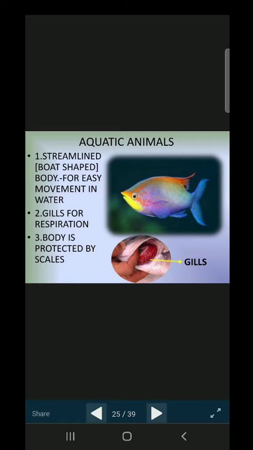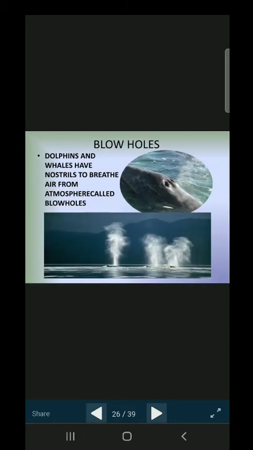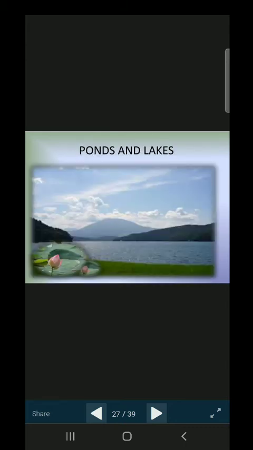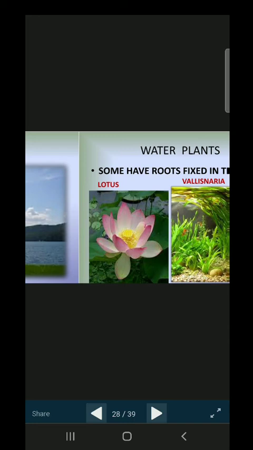They also have gills for respiration, as you can see in the picture. The body is well protected by scales. Next are blowholes. In the case of dolphins and whales, they have nostrils, known as blowholes, to breathe air from the atmosphere.